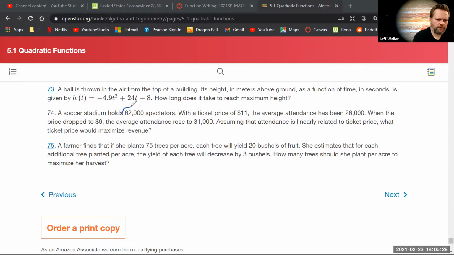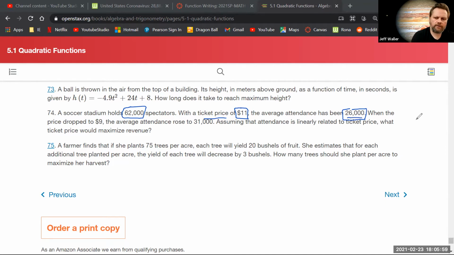So the stadium holds 62,000 people. If I set the ticket price at $11, the attendance has been 26,000. So right now, how much money are they making? What's their revenue, right now, before they make any changes? The tickets cost $11 and they have 26,000 people coming.